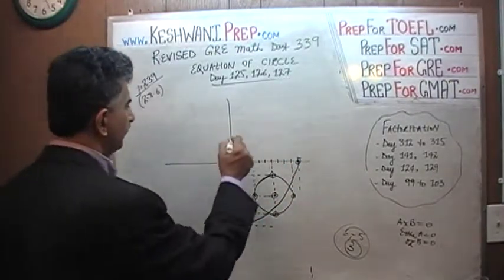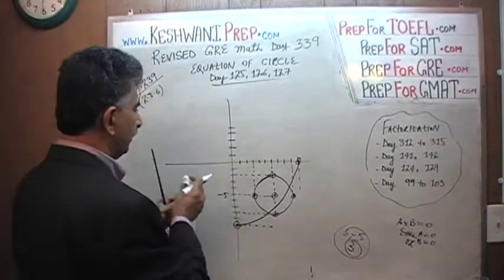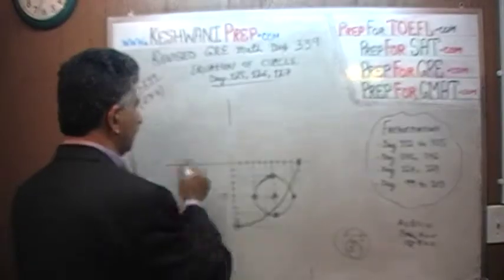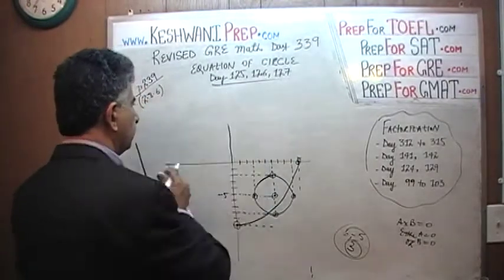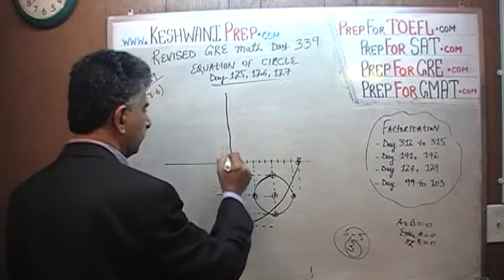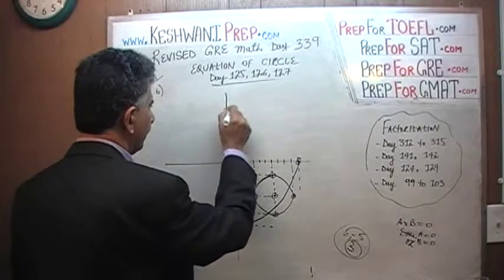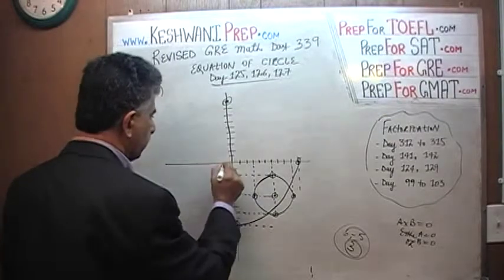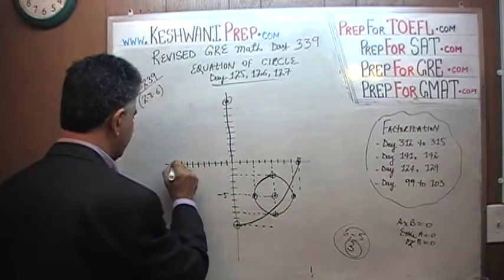And then it's going to go 10 units up. 1, 2, 3, 4, 5. I'm doing a horrible job here. 1, 2, 3, 4, 5, 6, 7, 8, 9, 10.